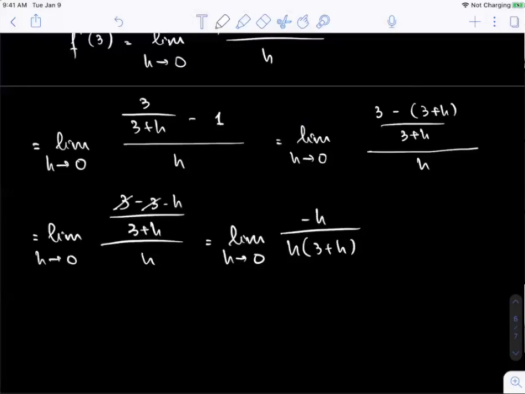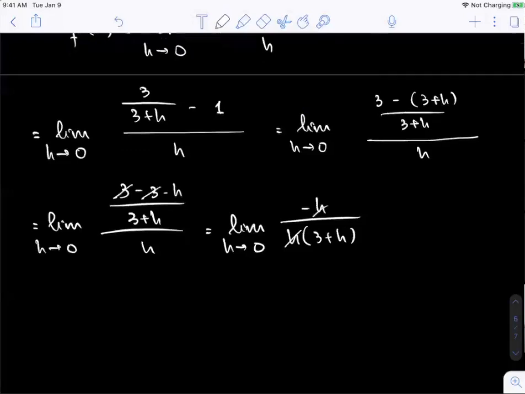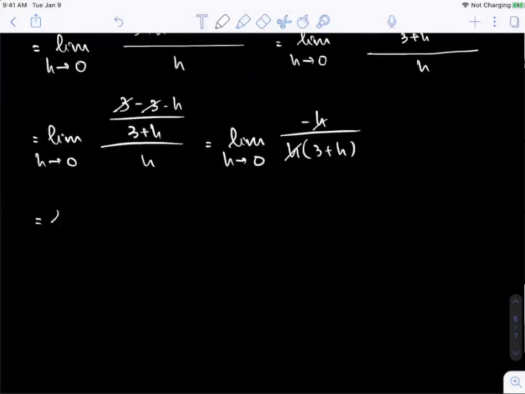In the next step, h and h cancel out. You're left with the limit as h approaches 0 of negative 1 over 3 plus h. When you let h approach 0, you get negative 1/3. So that's the slope of the tangent line.